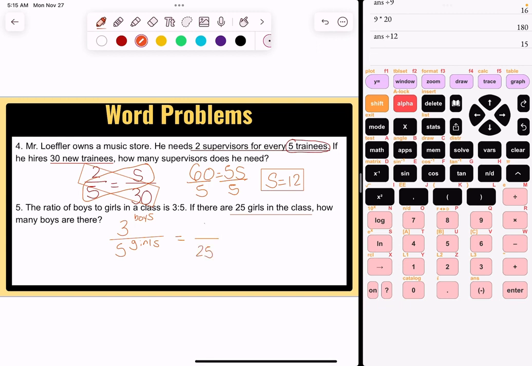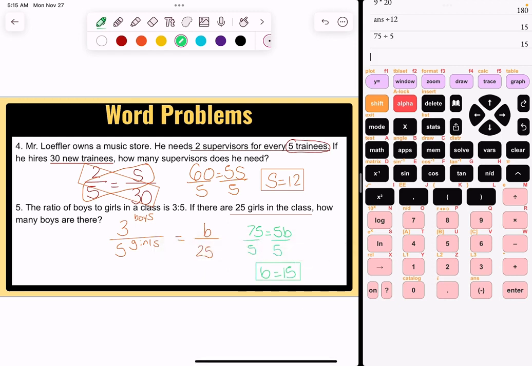Boys are unknown, so I'll just put a B. All right, let's cross multiply. 3 times 25 is 75, and 5 times B is just 5B. Divide both sides by 5. We get B equals 75 divided by 5 equals 15. Meaning, for 25 girls, there would be 15 boys.